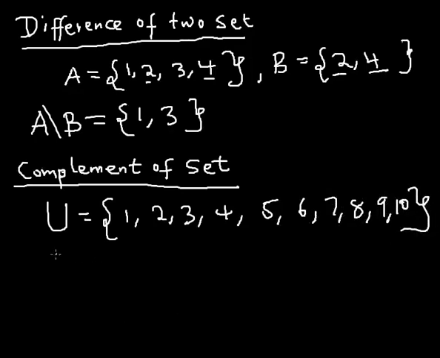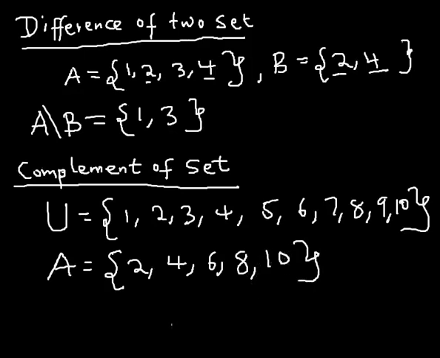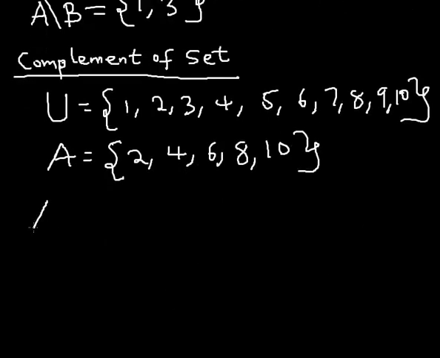Now let's say you have set A equal to the even numbers from the same range: 2 4 6 8 and 10. I believe these are my even numbers, right? So now if I'm being asked to evaluate a complement, I use this symbol A prime.